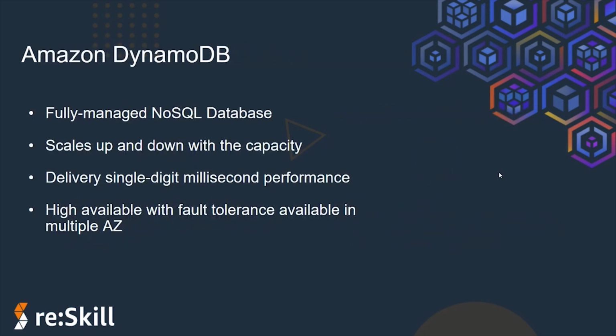So more about Amazon DynamoDB. It's a fully managed NoSQL database. The scalability is much better with DynamoDB because it's a fully managed service which is handled by the cloud provider itself. You have an option of choosing your own capacity, where you provision a minimum and a maximum range, and also you could go on demand.